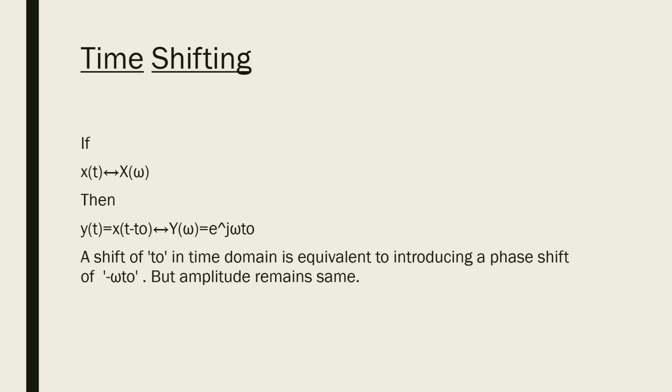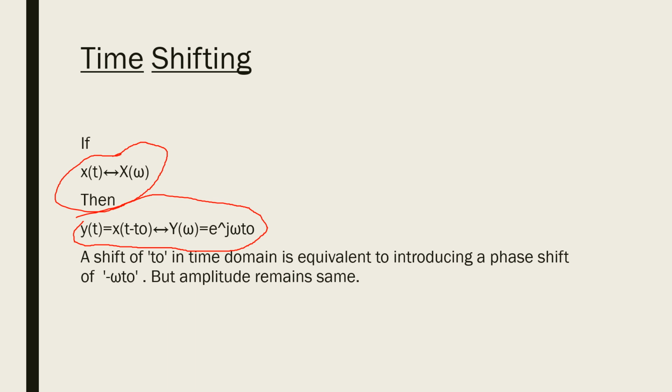Time shifting property states that a shift of t naught in time domain is equivalent to introducing a phase shift of minus omega t naught in frequency domain, but amplitude remains same. And this is the equation of the time shifting property. And by doing the Fourier transform, we get this equation.